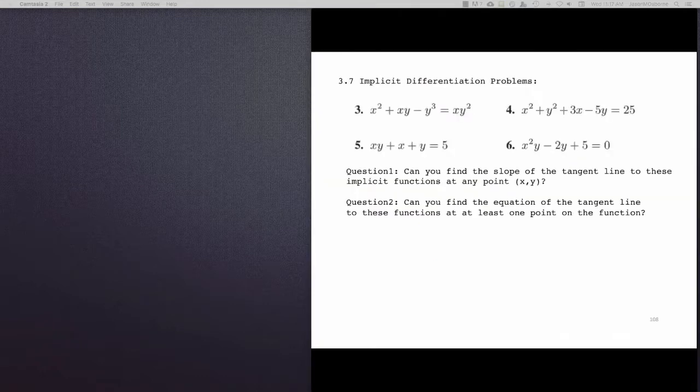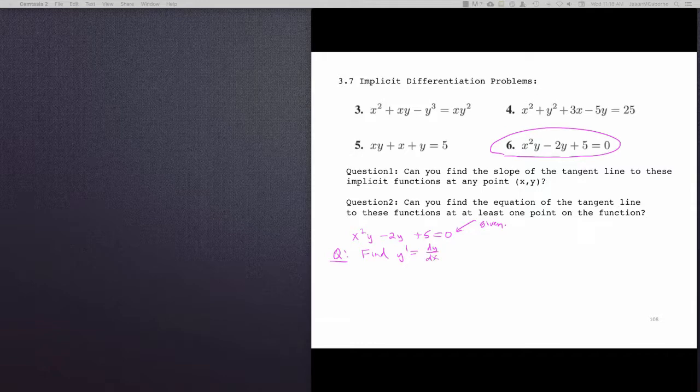Let's look at an example from the textbook. Okay, here's some implicit differentiation problems. Okay, some functions. Let's try this one for example. Okay, so you're given an implicitly defined function. Okay, so this is what you're given. And the question will be, can you find y prime, also denoted dy dx?